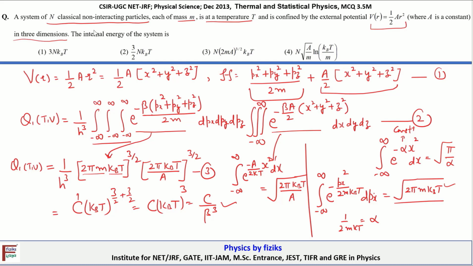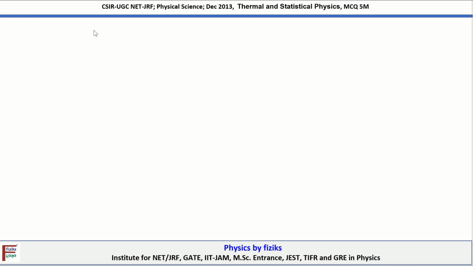So what we have done is we have written the partition function for a single particle Q1, that is equal to C divided by beta cube.